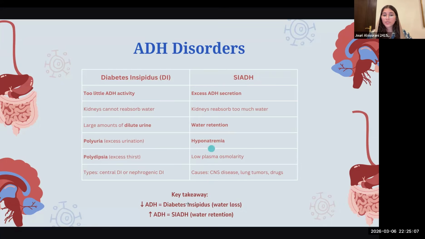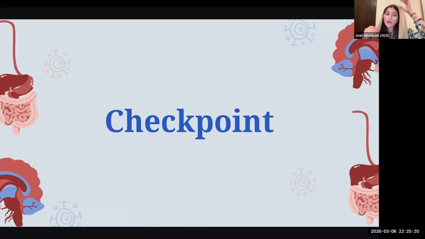So basically, decreased ADH, we're going to have diabetes insipidus, water loss. Increased ADH will be SIADH, and we're going to have water retention. Okay, with that being said, we're done with the first lecture. Again, I hope everything is clear. If not, please let me know if you have any questions.